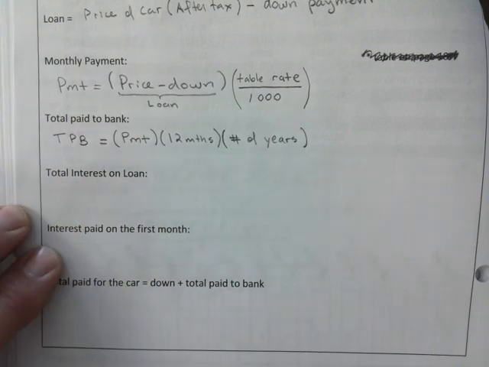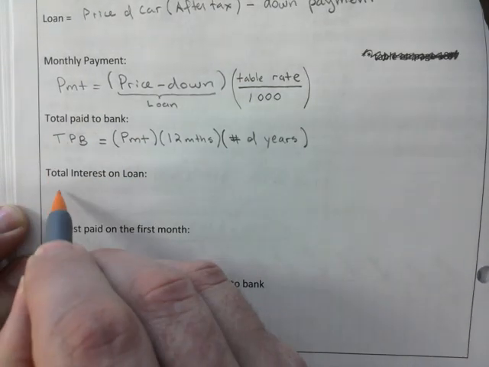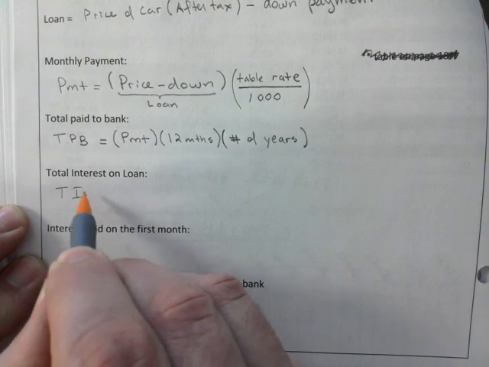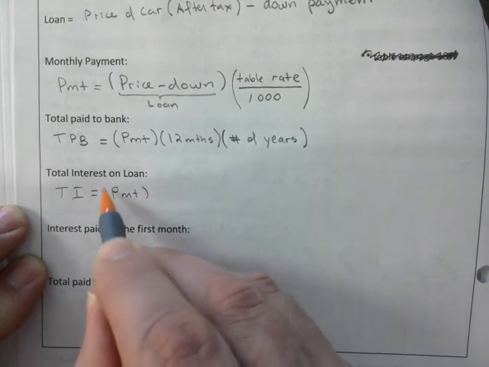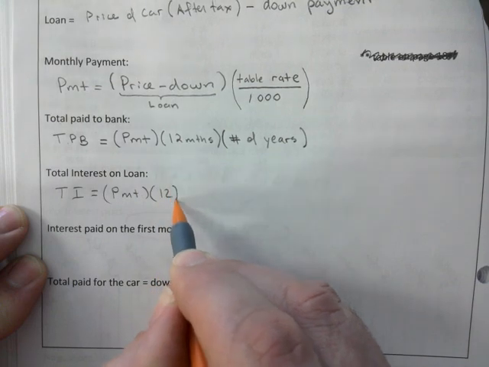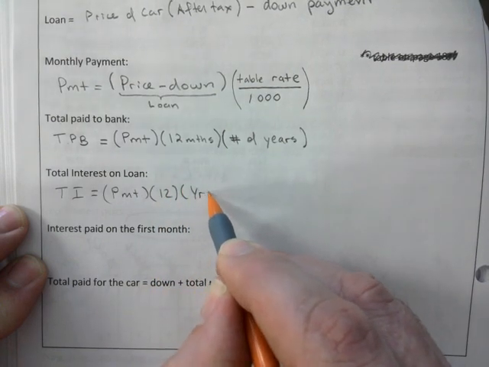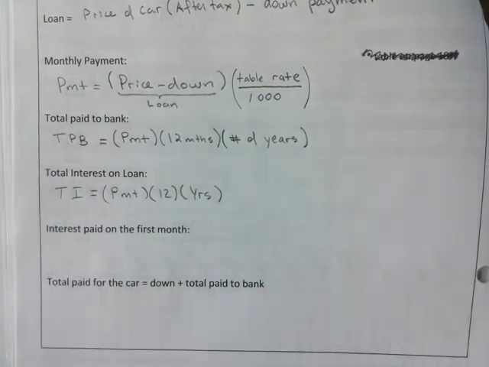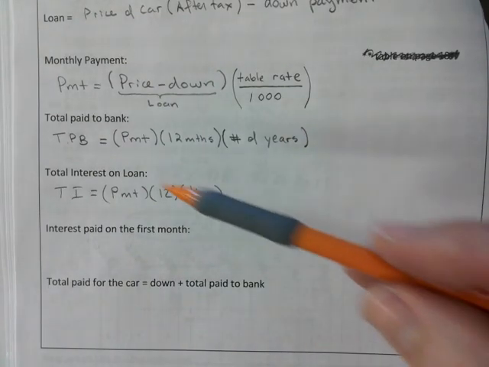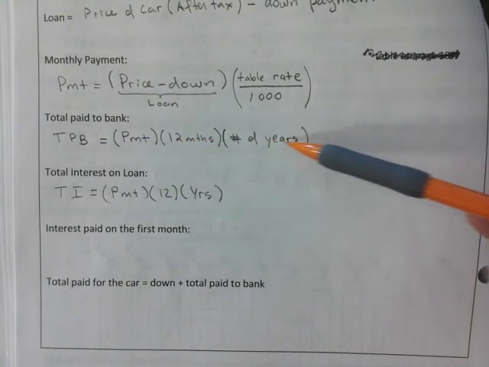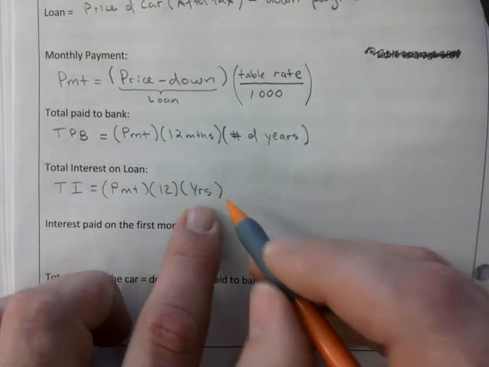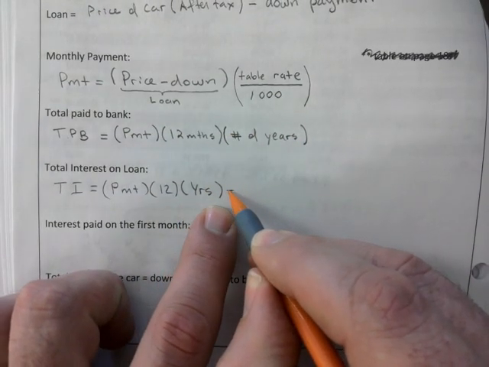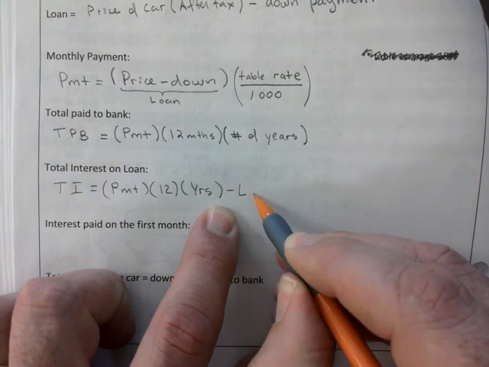Total interest, I talked about these yesterday in length, right? Total interest is payment times 12 times years. And you're like, Mr. Dirksen, isn't that the same thing? We're not done yet. So to find the total interest, you take the total paid to the bank and watch this, you subtract the loan from it.